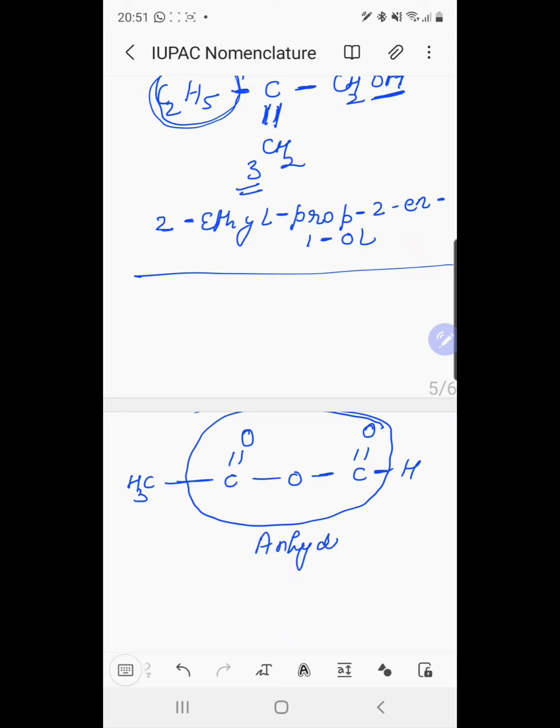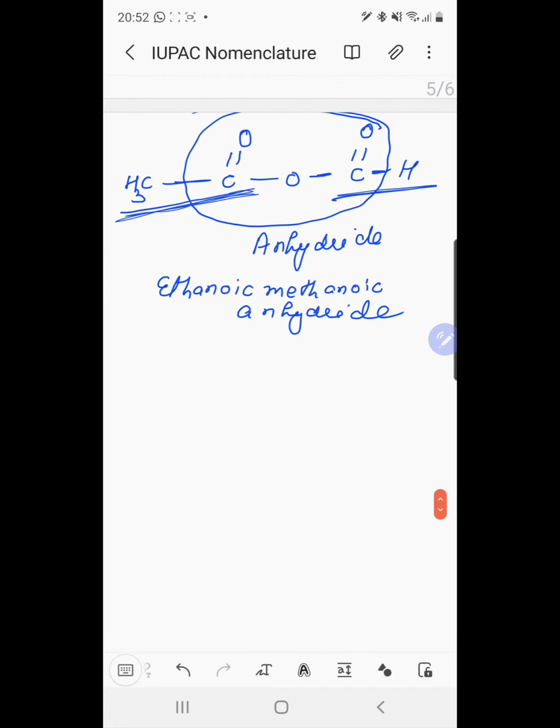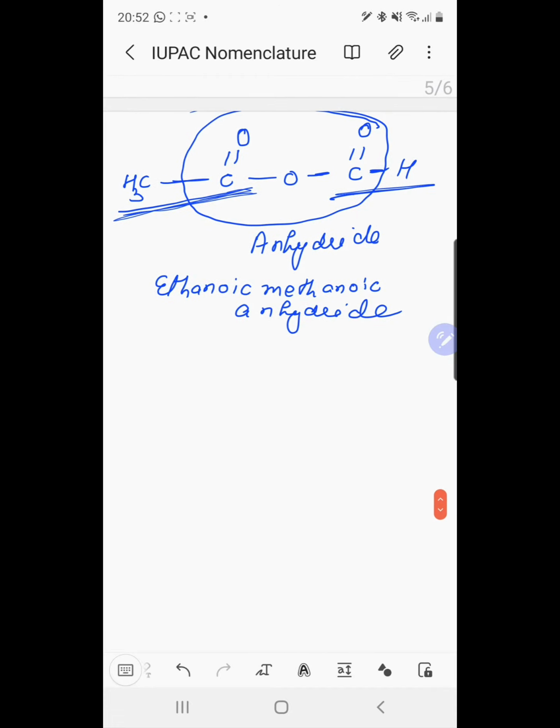This is from ethanoic acid and this is from methanoic acid. So the name is ethanoic methanoic anhydride.